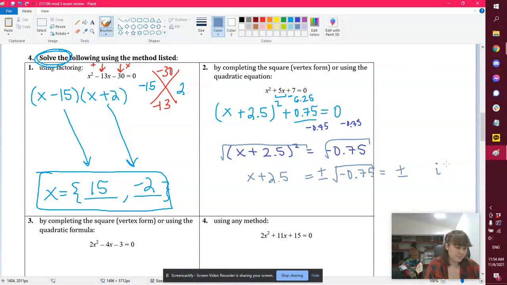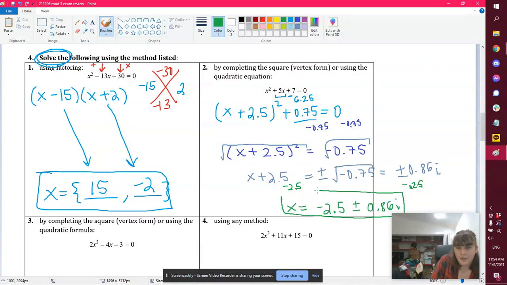So let's do that. 0.75 square rooted. Wow, that's terrible. We'll call it 0.86. And then I subtract 2.5 from both sides to get x equals negative 2.5 plus or minus 0.86i.